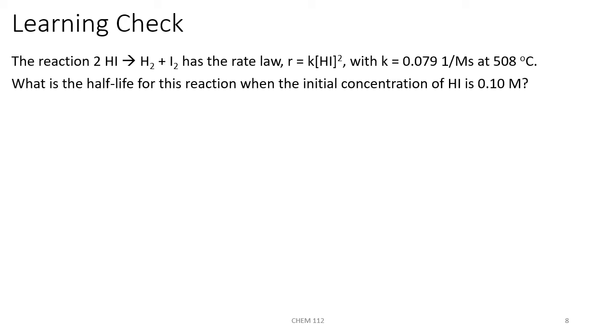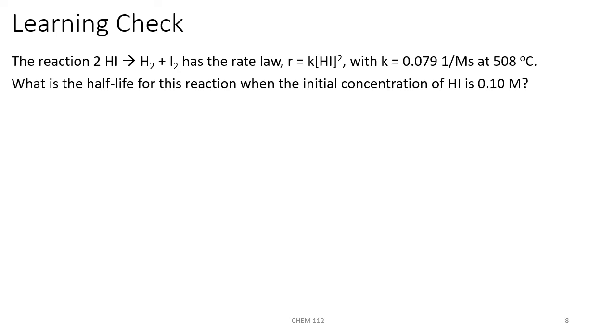The reaction 2HI decomposing into H2 plus I2 has the rate law R equals K times [HI] to the second order, with K equals 0.079 1 over molarity times seconds, at 508 degrees Celsius. What is the half-life for this reaction when the initial concentration of HI is 0.10 molar? Notice in the problem, nowhere did it say that this was a second order equation.